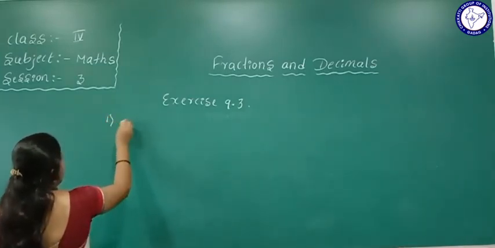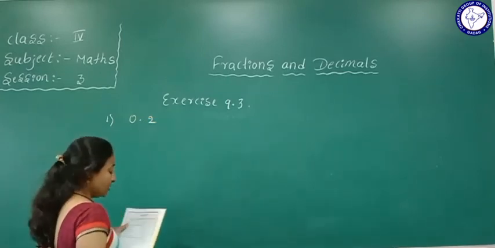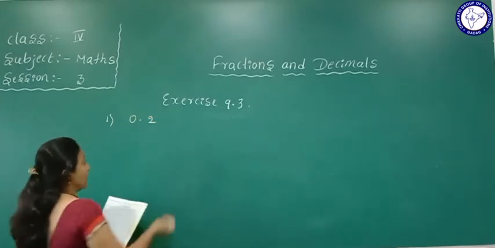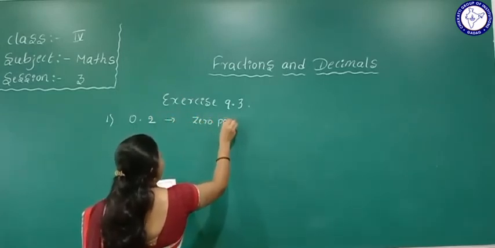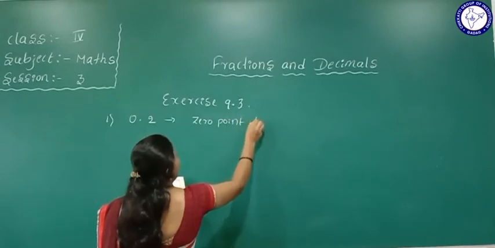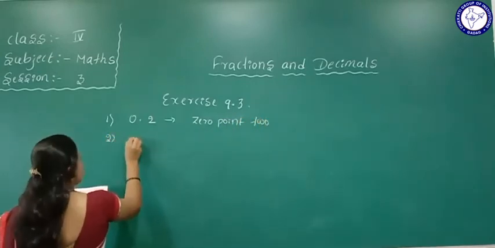The first one they have given here in decimal form is 0.2. So how to write 0.2 in word form? 0.2. Okay, this is the reading method. Next one 0.5.